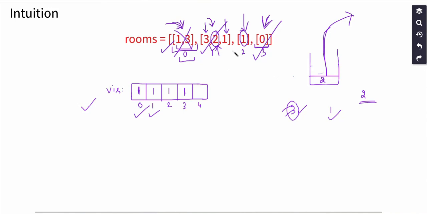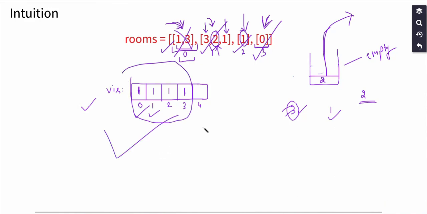Room number 2 is unlocked and visited, and I end up with an empty container. All 4 rooms have been visited. That means we could visit those rooms starting from key 0. Therefore the answer for this particular test case would be true.